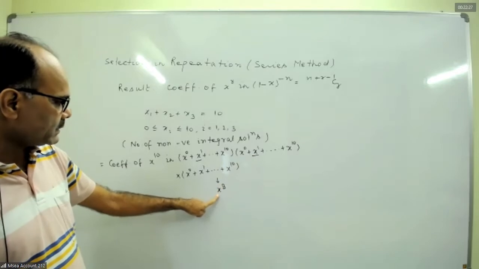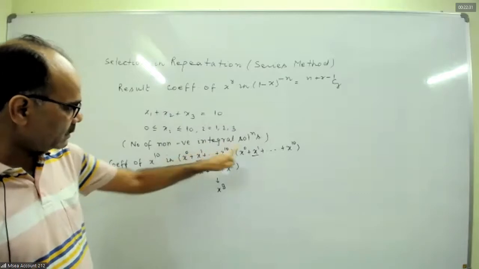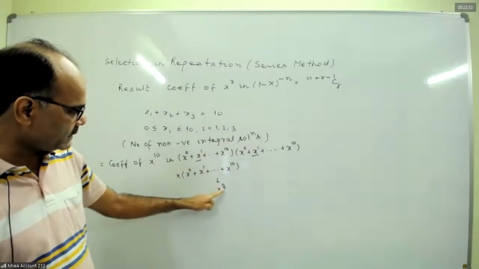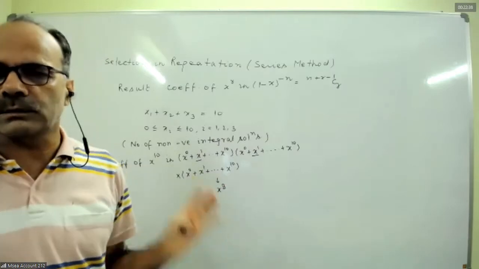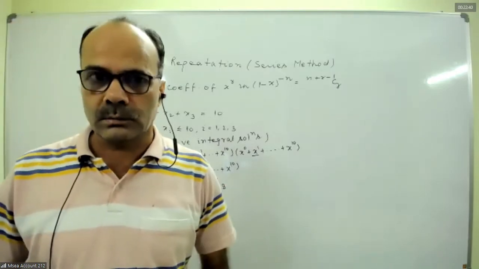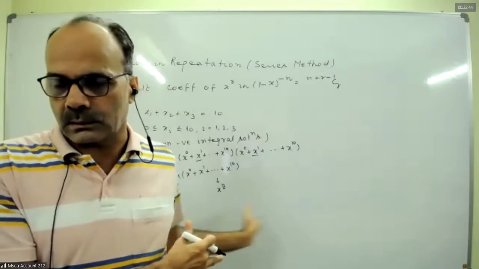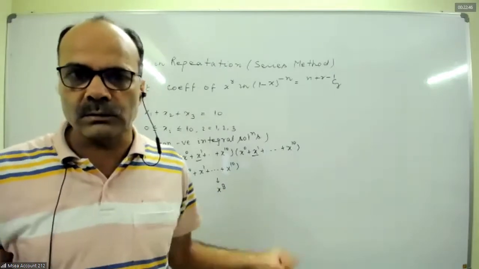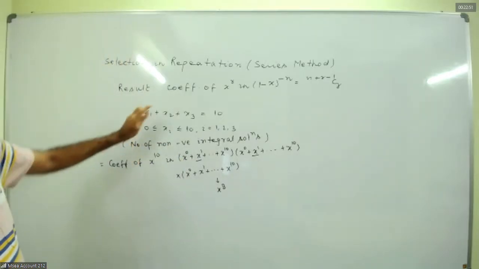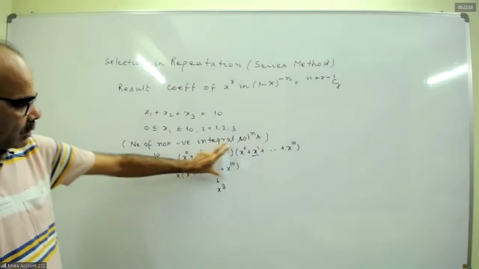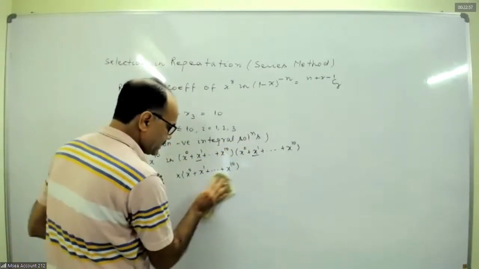So the solutions are x1 is 1, x2 is 1, x3 is 8. For each x to the power 10 there will be a solution. As many x to the power 10 terms appear in the product, that many solutions there will be. So the number of solutions is the same as the coefficient of x to the power 10. We already have discussed it.